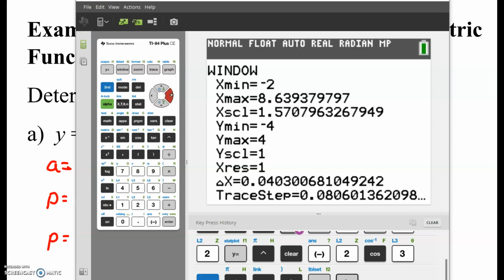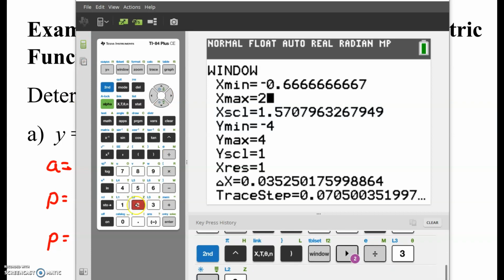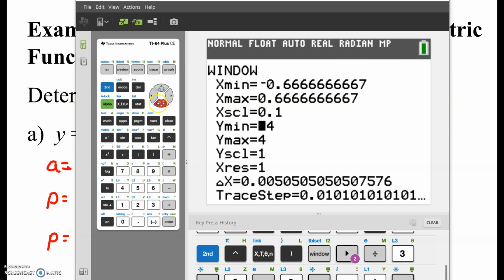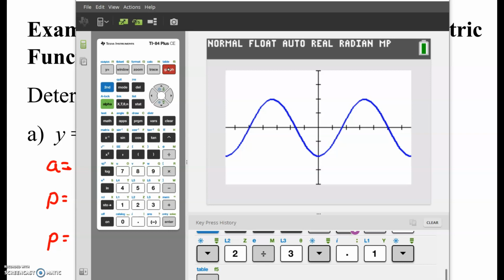Let's go negative 2/3 to positive 2/3, 0.1. We'll leave the y alone, and let's graph. So there you can see the periodic shape of the graph.